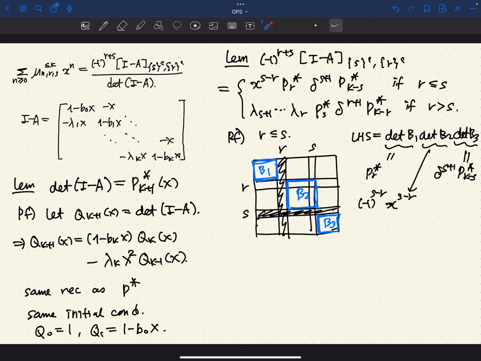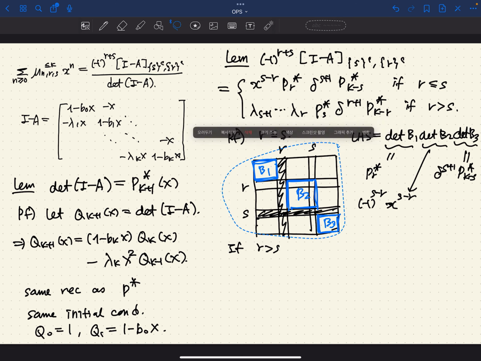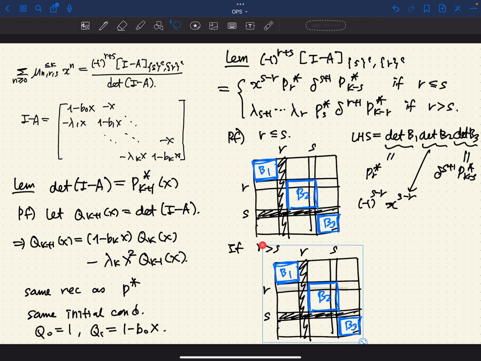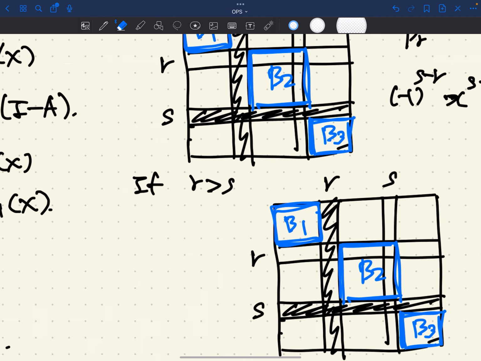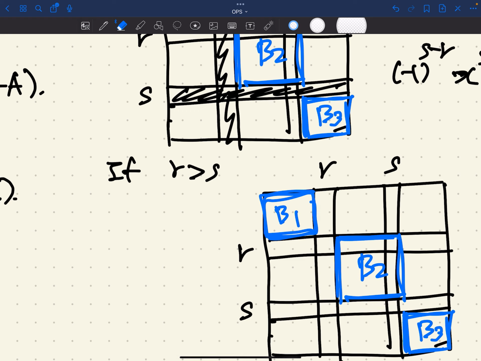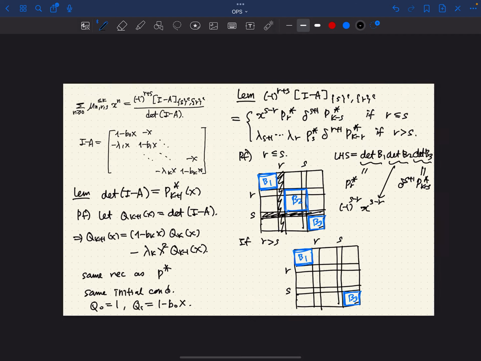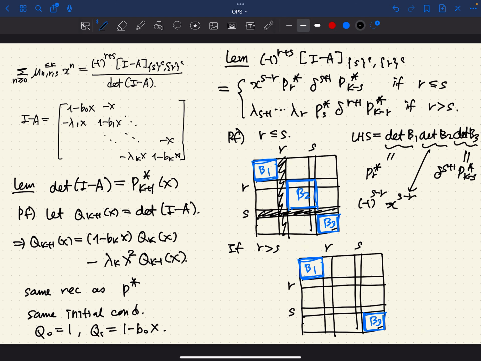The same way, if r is greater than s, we have the exact same situation, except instead of this and this, we have to change r and s. There are s and r, s and r. So we remove this and this.